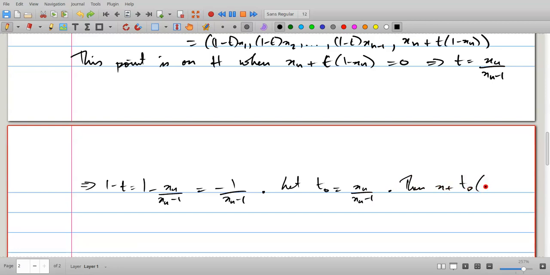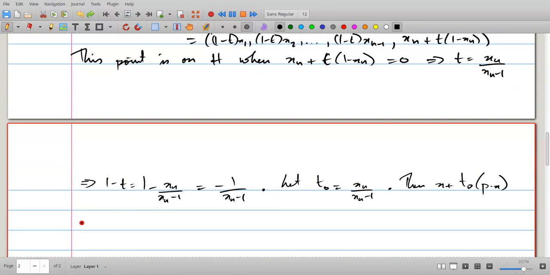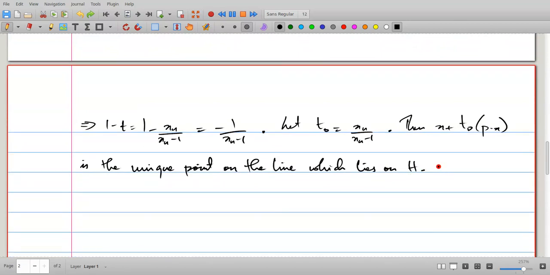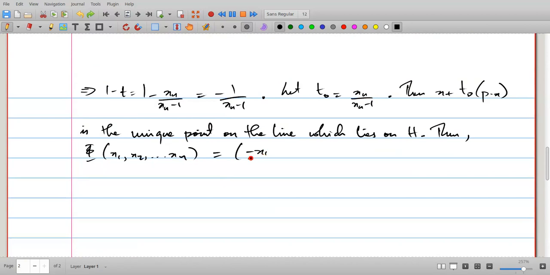Then x plus t naught times P minus x is the unique point on the line which lies on H. So thus phi of x1 up to xn is this point whose coordinates we know: minus x1 upon xn minus 1, minus x2 upon xn minus 1, and so on, and the last coordinate is 0.